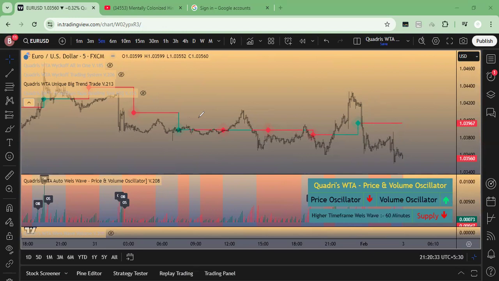I have my own unique manual trend analysis technique. Based on that, I tried to make an indicator, because a lot of people are asking for something graphical, which is visible and can be easily detected and easily seen.